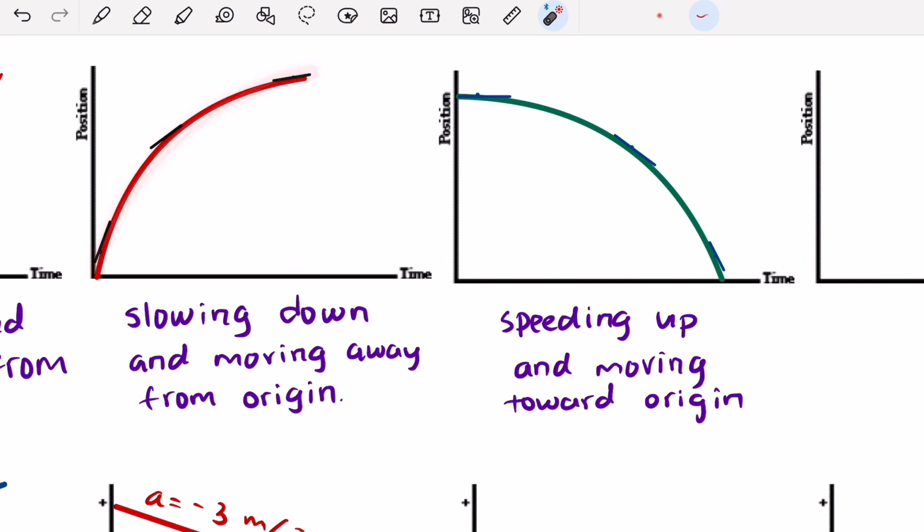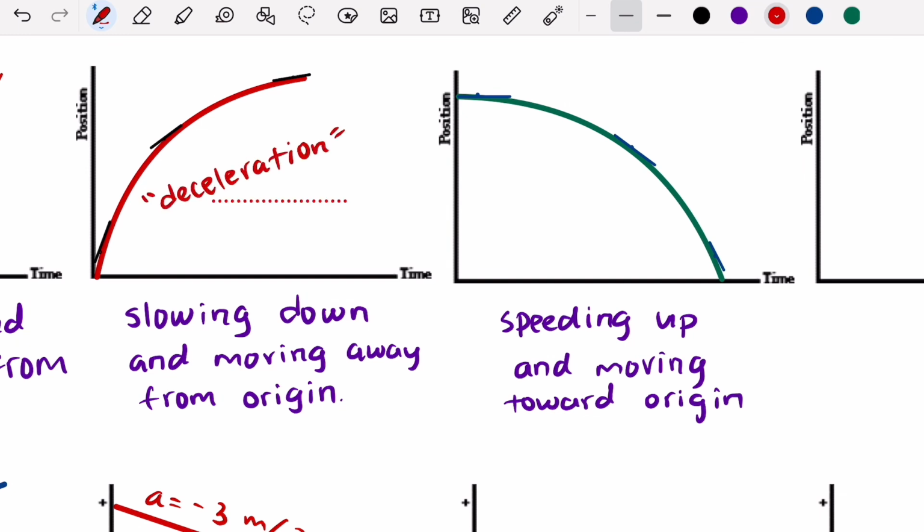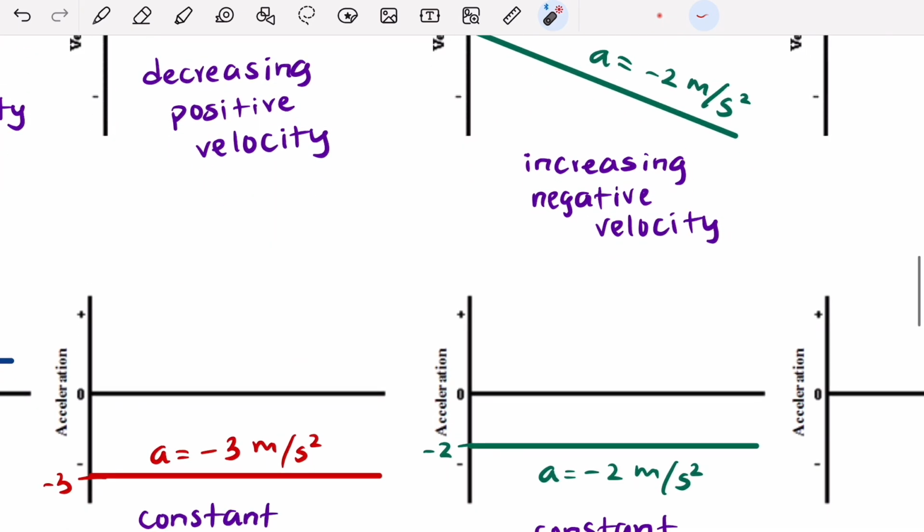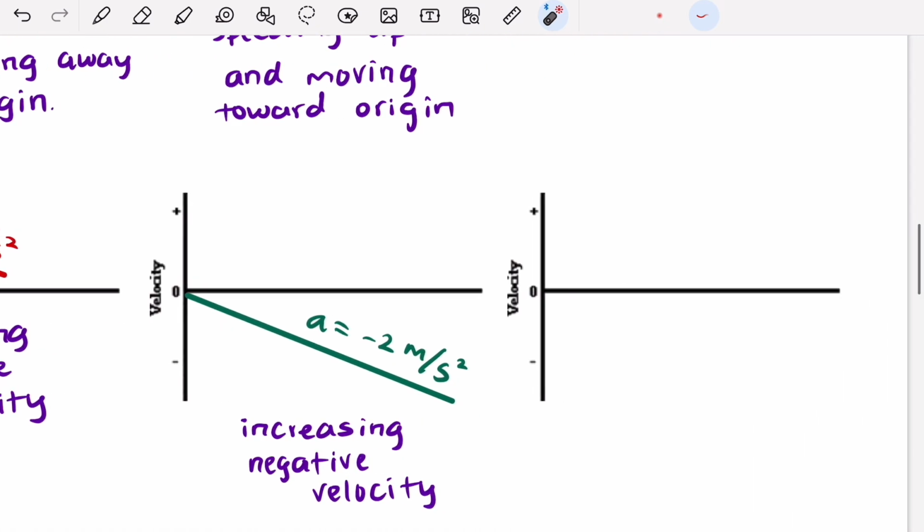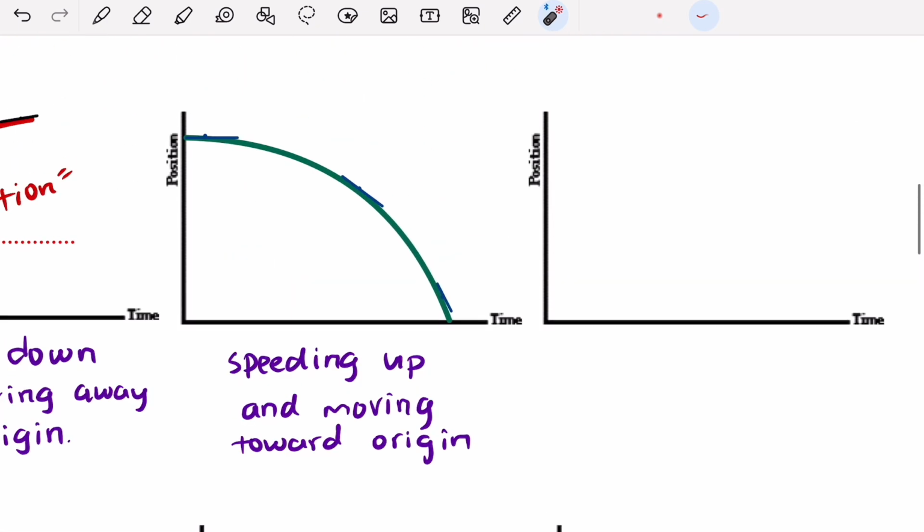So let's add deceleration here. And this one is accelerating but negatively. So both of those can mean negative acceleration. So be careful, okay?